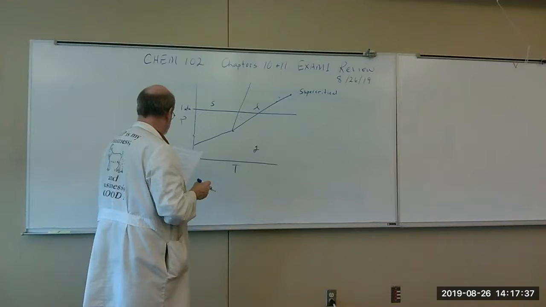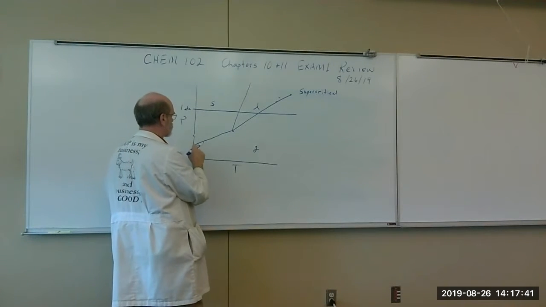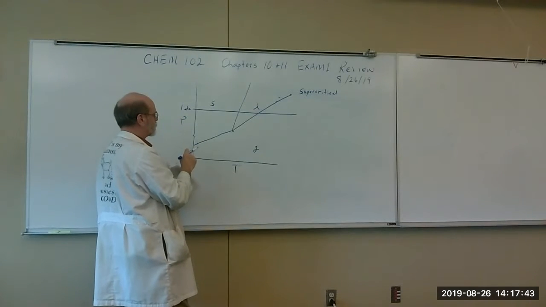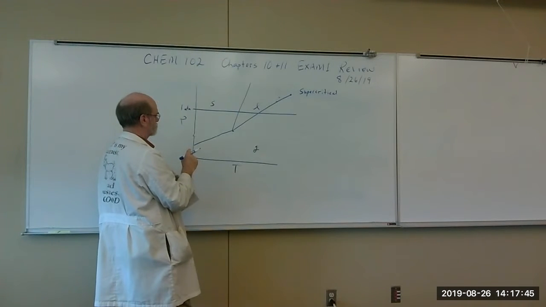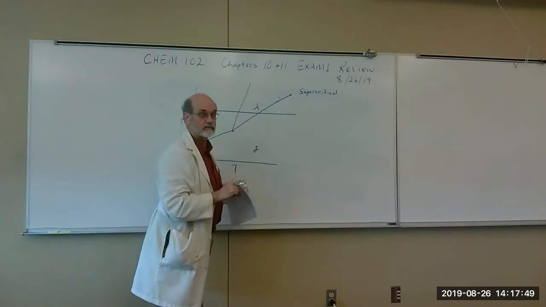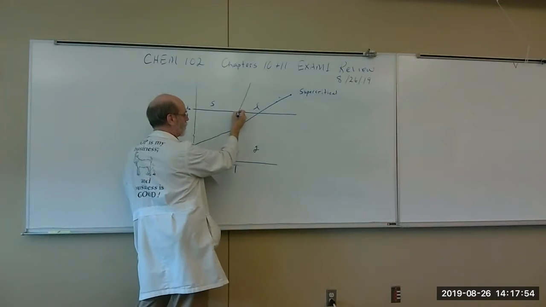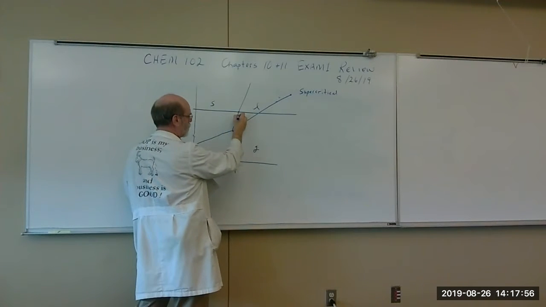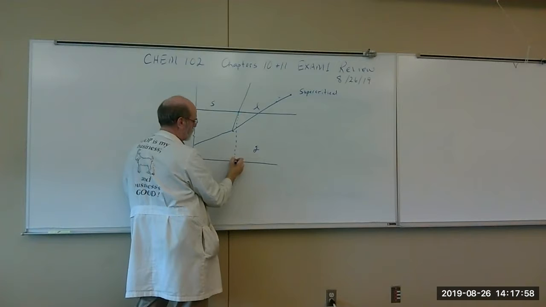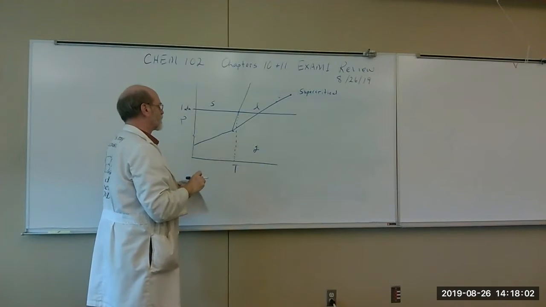So can we say that the melting point of the solid increases with increasing pressure? Where's the melting point at 1 atmosphere, say? Right there. What if we increase the pressure?